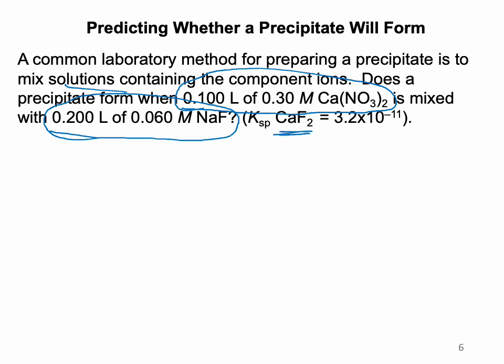KSP is given for calcium fluoride, which means I'm mixing two solutions, calcium nitrate and sodium fluoride, and the KSP is for calcium fluoride. So I'm interested in which salt? Calcium fluoride. Calcium fluoride will dissociate to give me 1 calcium ion and 2 fluoride ions.